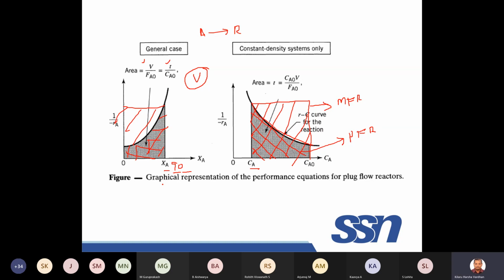Or you can put it the other way around: why is the volume required for MFR much more than PFR to achieve the same conversion or concentration? Anyone, you can give the answer. It's an important question. Your next unit is based on this particular topic only.